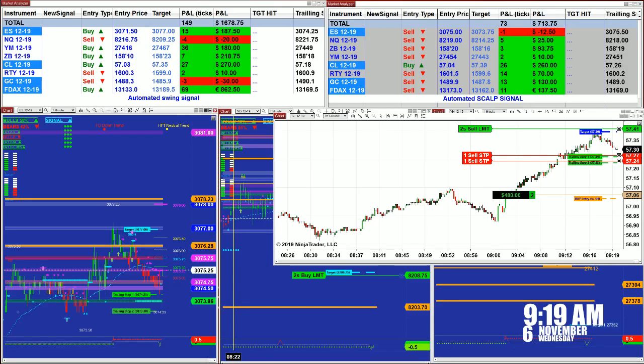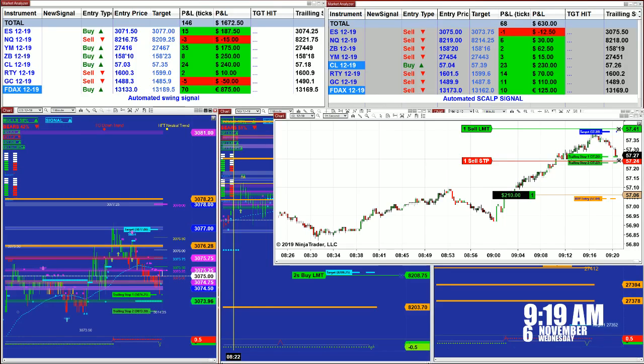It seems like we are about to have a positive opening. We still have one more. Those are fib lines.